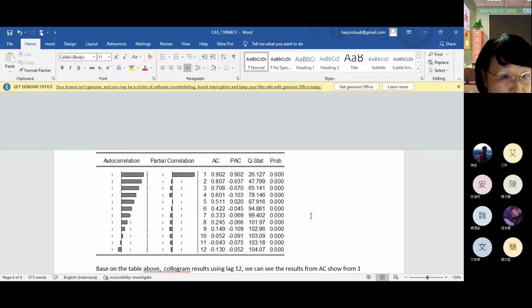It lasts for about 9 lags, then up to the 10th lag the autocorrelation turns close to 0. So with this correlogram, this is non-stationary. Okay, thank you, bro.